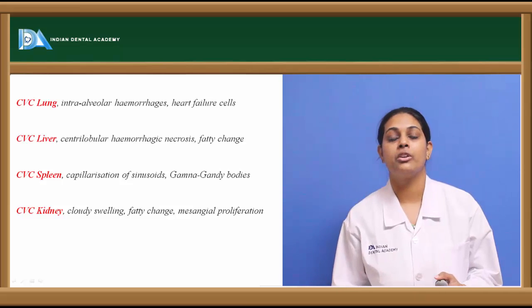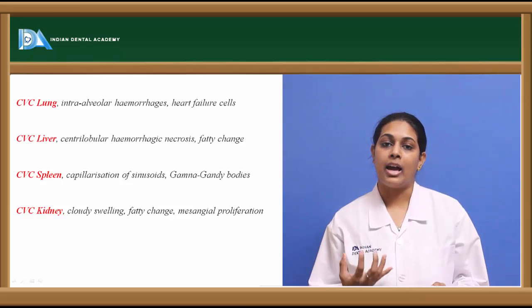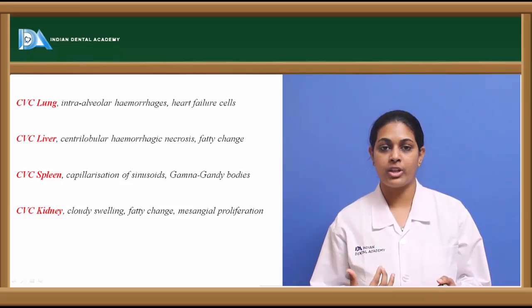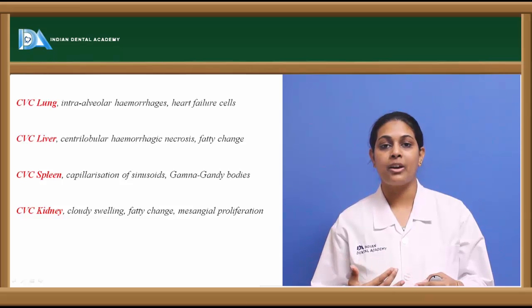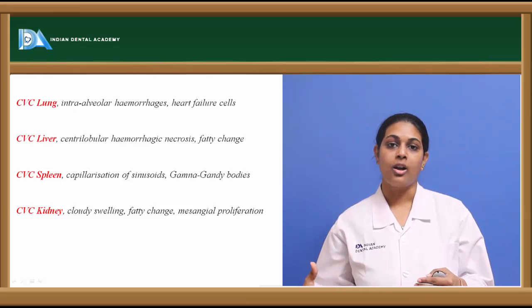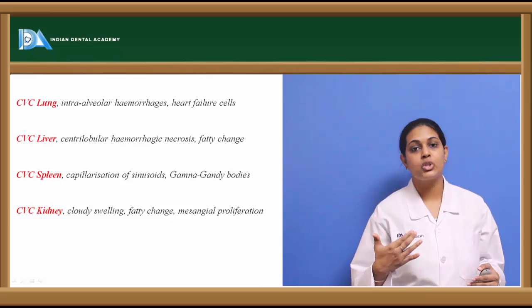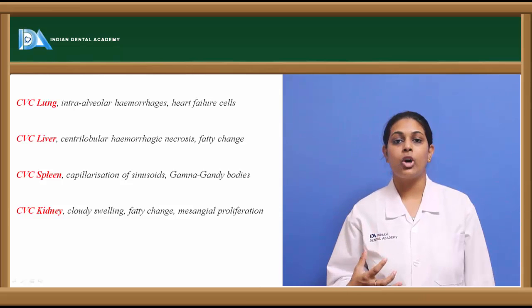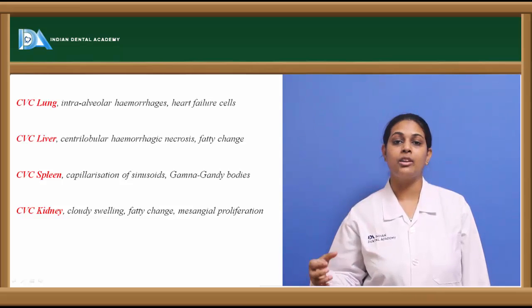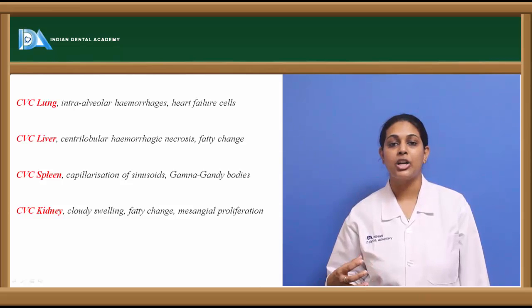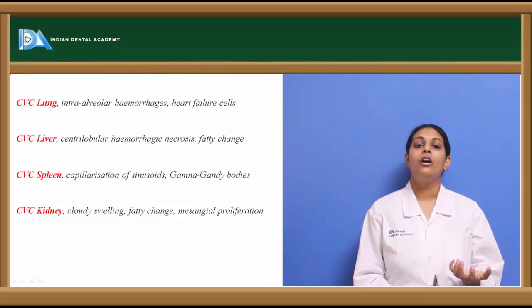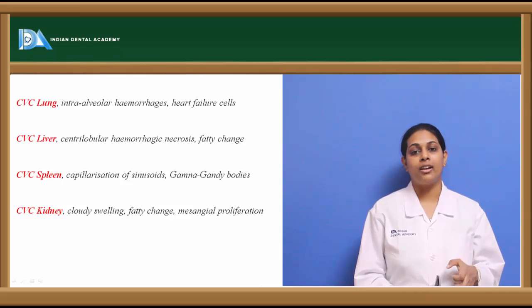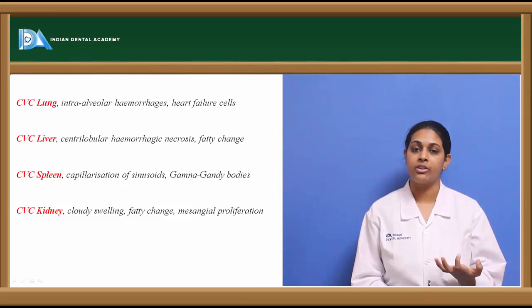When this hemosiderin is taken up by the alveolar macrophages, that is the macrophages which are present within the lung, they appear brown to reddish in color, and these alveolar macrophages which have taken up the hemosiderin, or the blood pigment released by the red blood cells, are known as heart failure cells. So they are constituted within the lung when it is affected with CVC.